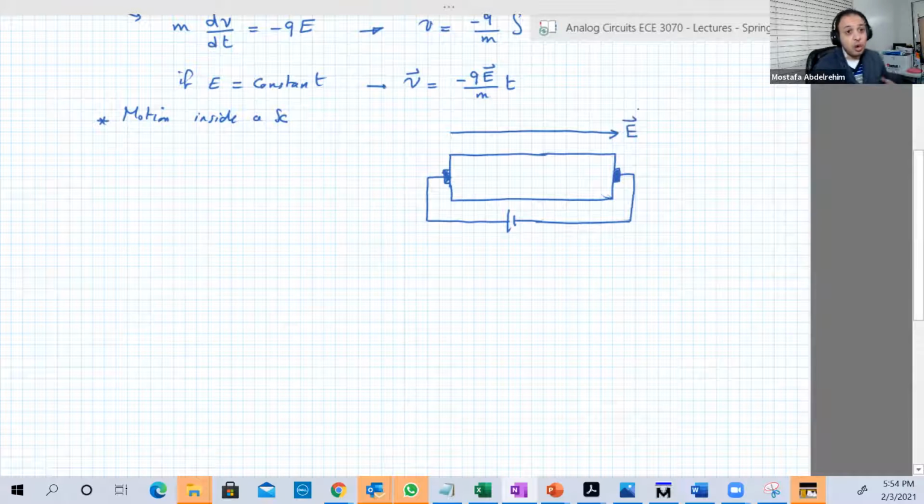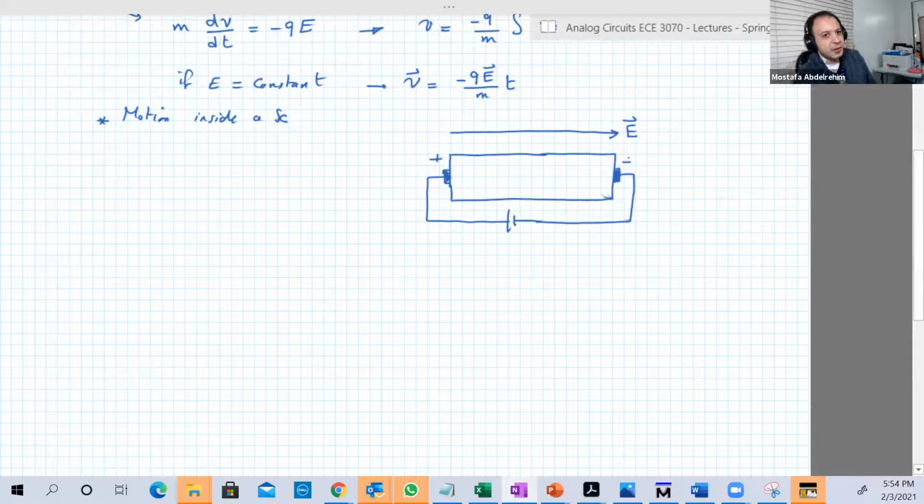The electric field is always from the positive to the negative. Here is the positive, here is the negative. Since there is an electric field, now there is a force, and this force will push the electron against the electric field.